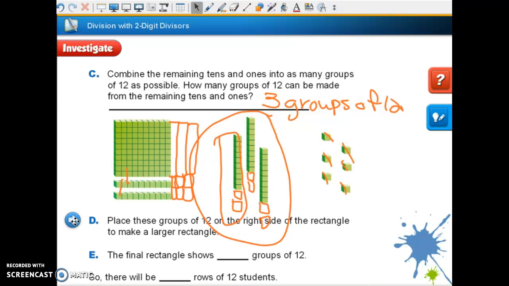So the final rectangle shows how many groups of 12. Count across. How many? 10, 11, 12, 13 groups of 12. So there will be 13 rows of 12 students. That was kind of complicated.